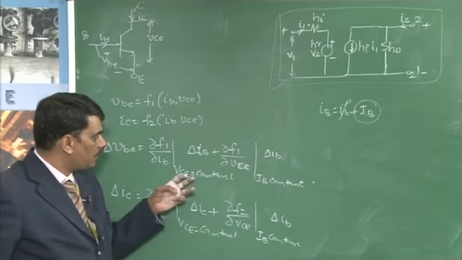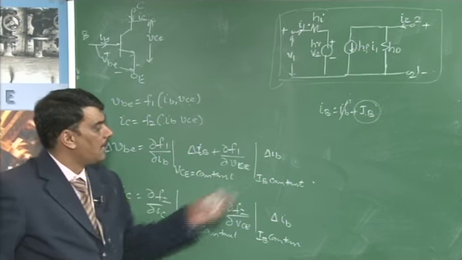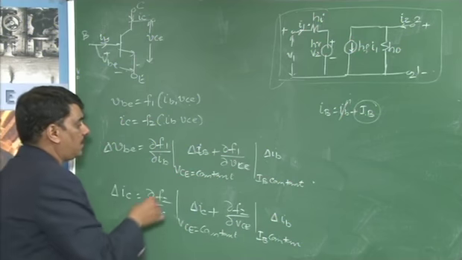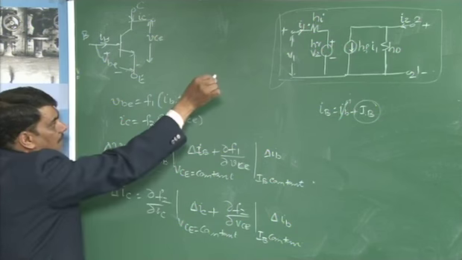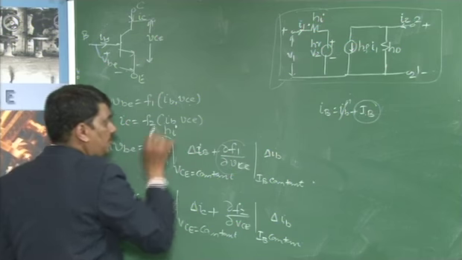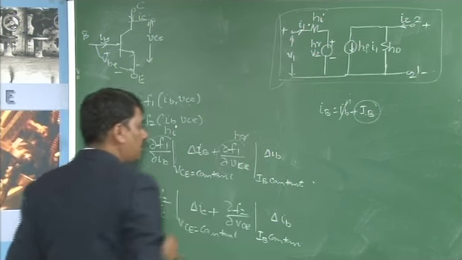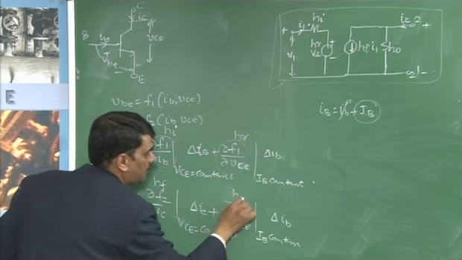Instead of 0, we are considering a constant DC voltage and DC current, VCE0 and IB0. From this analysis, the ratio delta F1 by delta IB is nothing but the input Hi. This value is nothing but HR. This ratio is nothing but HF, and this value is nothing but H0.